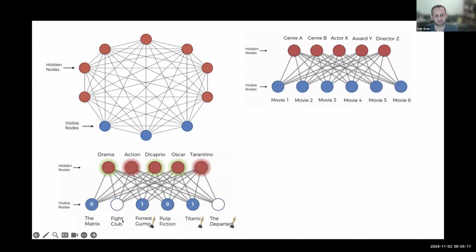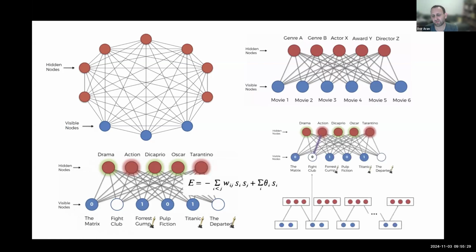So this person maybe likes Forrest Gump and Titanic, but not other movies. And then when you learn all those edges, while trying to minimize this Boltzmann distribution, you can learn new information for nodes where you don't have information.